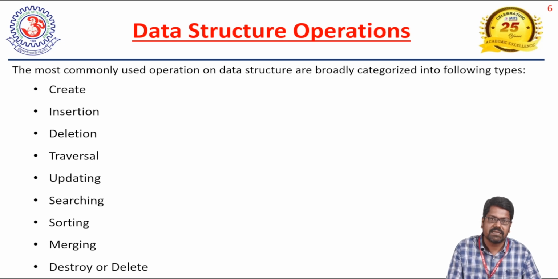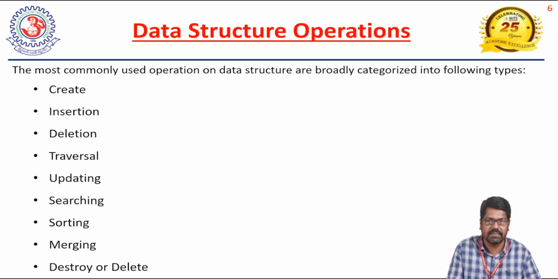Now coming to sorting. Suppose the data items you kept inside the data structure are not arranged in the right order. You want to arrange all the data items in the right order. Then you can go with the sorting operation. There are a number of sorting techniques, based on our requirement and on performance, such as execution time.